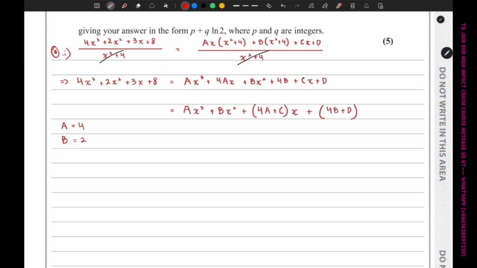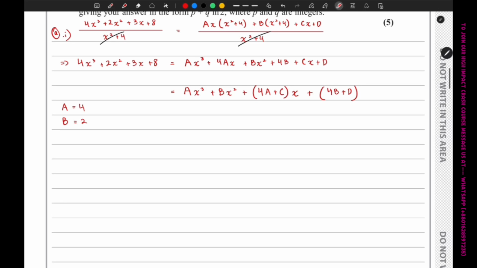Now we just need to find out the value of c, so we can equate the coefficients of x. So we can say that 4a plus c is equal to 3. So 4a plus c, the value of a is 4 and the value of c is unknown. This is equal to 3. So the value of c will be negative 13.